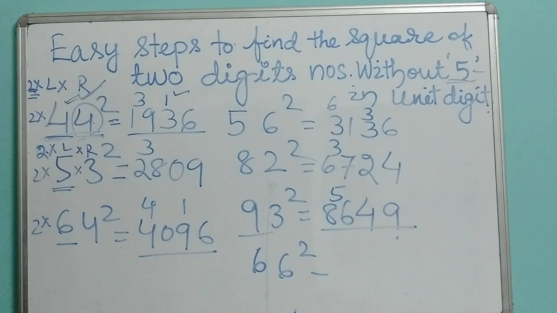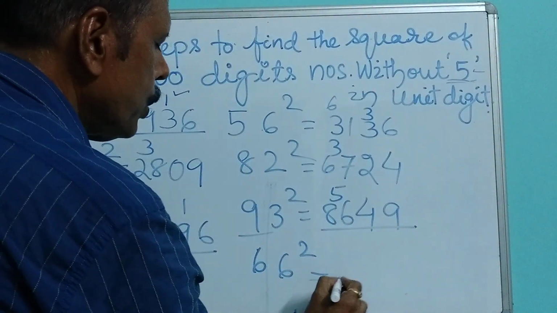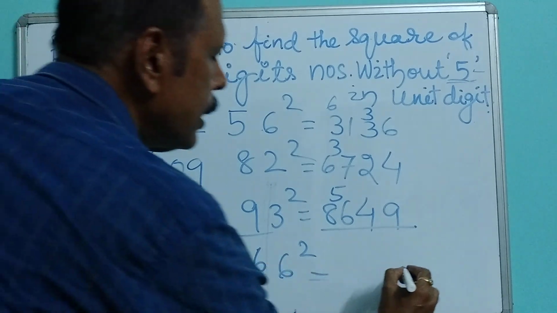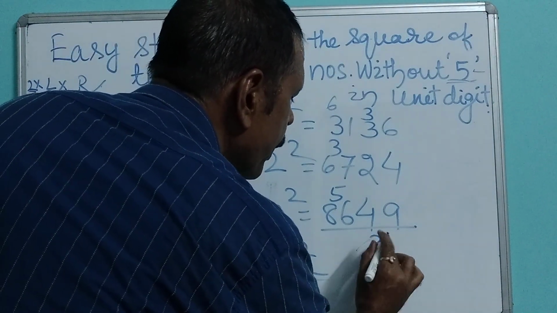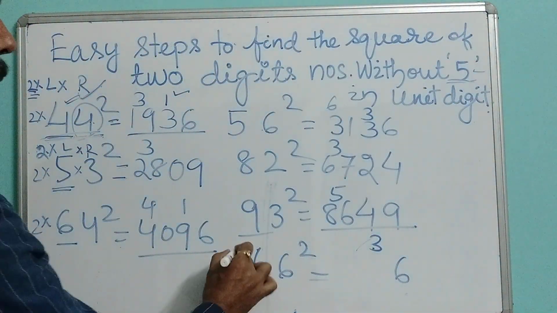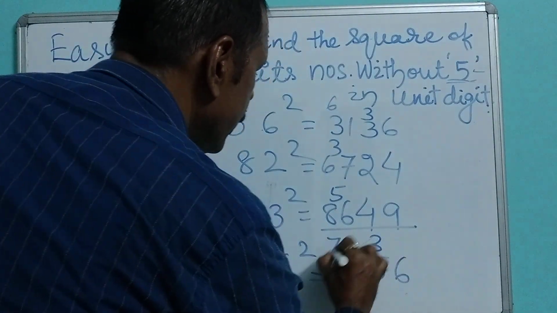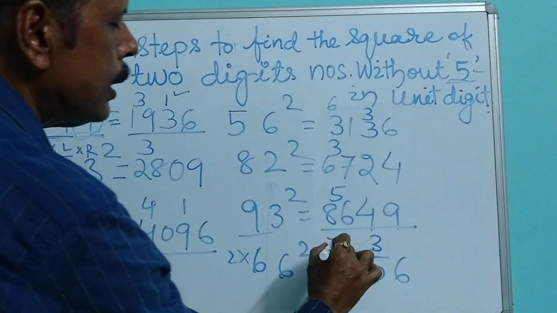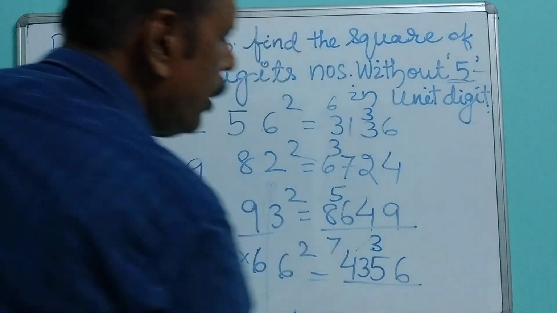Now 66 square: 6 sixes are 36, write 6 carry 3, then 6 into 6 is 36, into 2 is 72, plus 3 is 75, write 5 carry 7, 6 sixes are 36 plus 7 gives 43. So 4356.